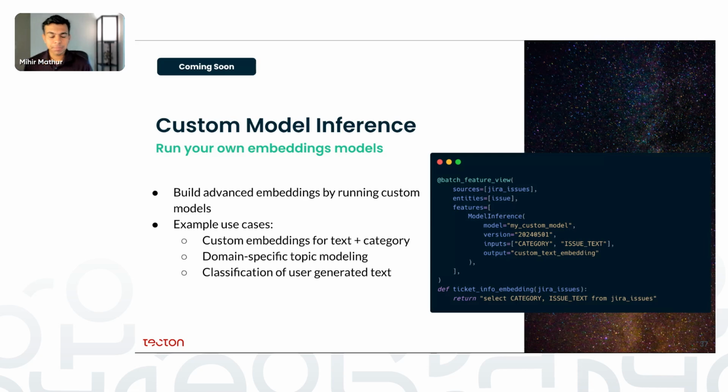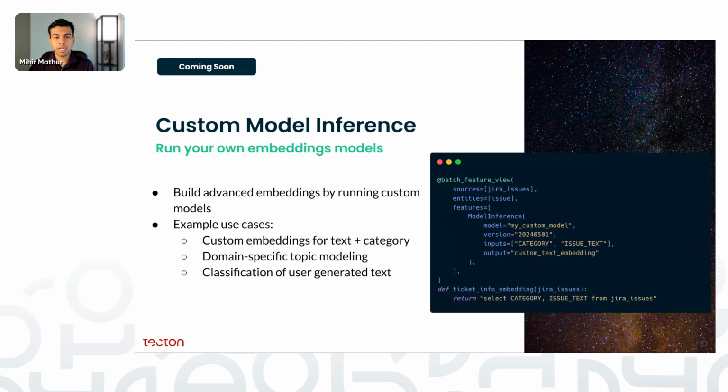There's also domain specific topic modeling. So these might be legal or healthcare related embeddings models, which are fine-tuned on data that customers have. And there's also other models that are not even embedding models. So this can be a classification model, like sentiment analysis.